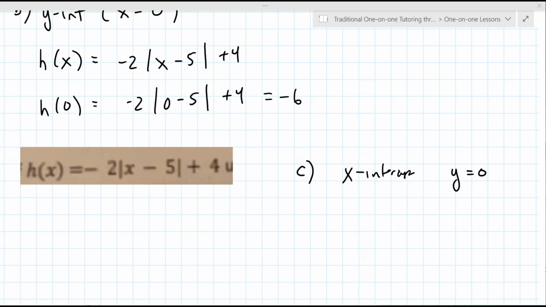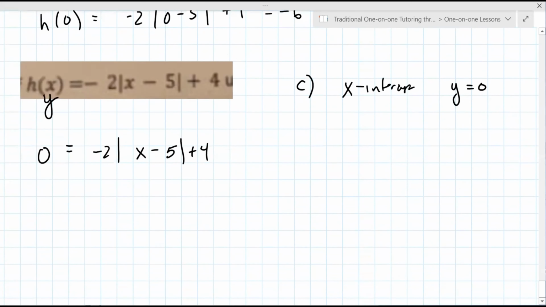Is there a y in this? Yes, the h of x. Okay, so that's your y. So you set 0 equal to that. Now, like you told me earlier, you can actually do this at this step right here. You can actually just put the 0 on the right. You can rewrite it like this, where it's the same, but the 0 goes on the right-hand side.